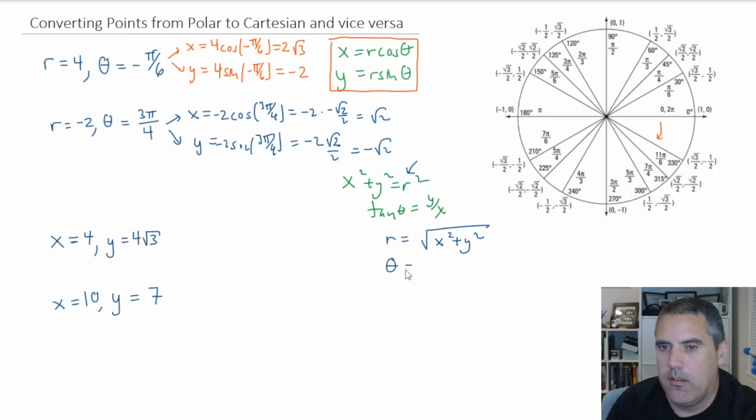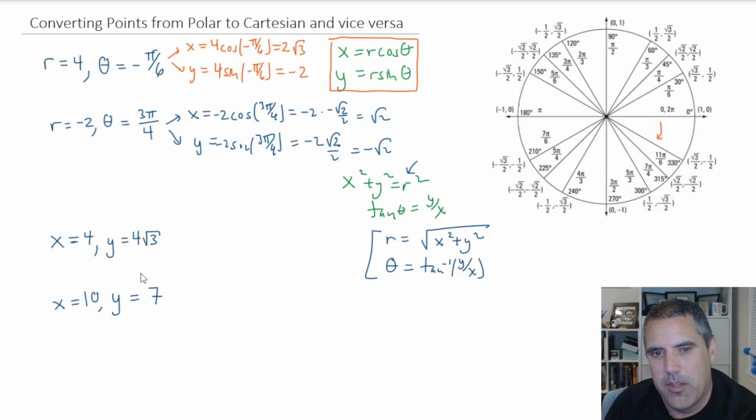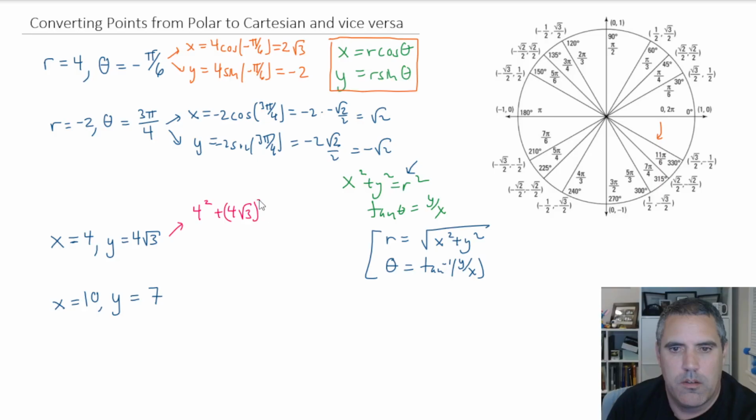And theta is arctangent. Now here you have to be careful, because the moment you say arctangent, you're assuming it's in the principal domain. You'll have to think about the quadrant. There's always this issue. For both of these, they're in the first quadrant, so it's not an issue, but just think about your picture and make sure that whatever angle you get, it's in the appropriate quadrant. Okay, so anyways, let's compute the r. This is going to be the square root of 4 squared plus 4 root 3 squared.